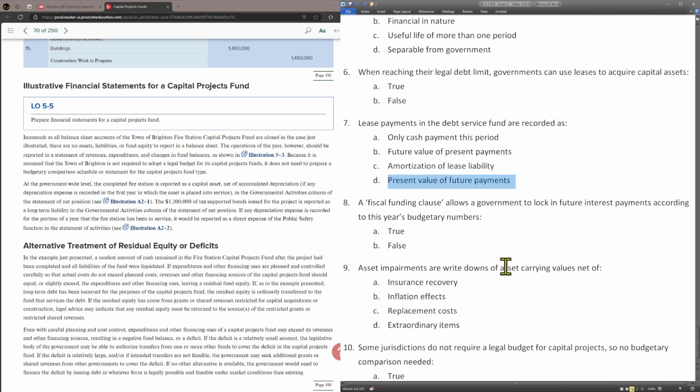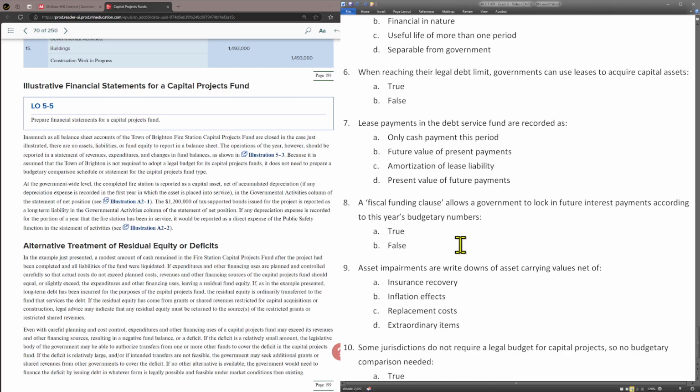A fiscal funding clause allows government to lock in future interest payments according to this year's budgetary numbers. That's false. Remember, a fiscal funding clause says a multi-year contract must have a cancellation clause, which preserves the idea that every budget is only looking at this year's revenue or this year's resources and expenditures, and is not approving future years' expenditures and resources.